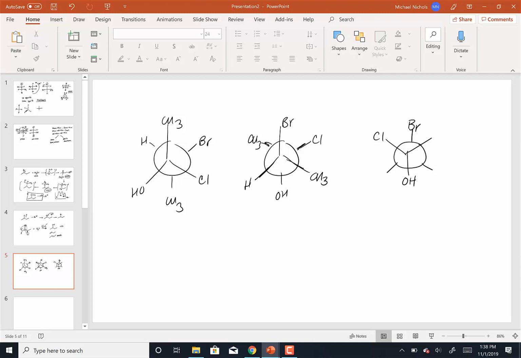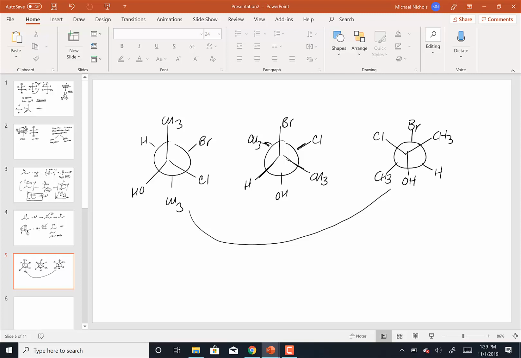It's now going to be in the upper right. The CH3 attached to the front carbon is in the lower right. When I flip it around, it's going to be in the lower left. And the hydrogen, lower left, now becomes lower right. So if I convert those two molecules like that, the carbons are oriented in the same direction. So now I can compare front to front, back to back.